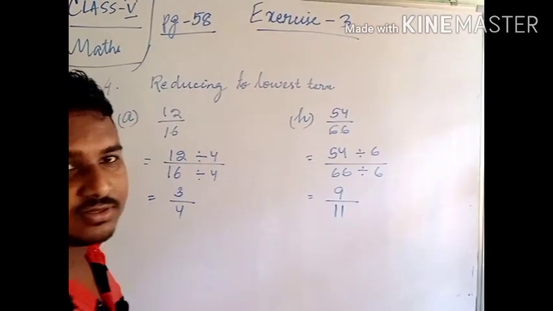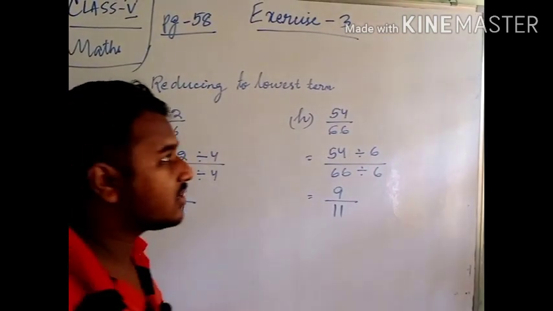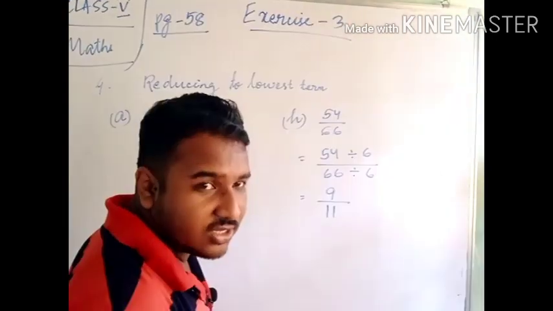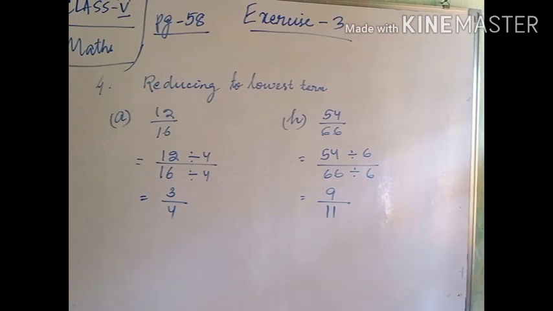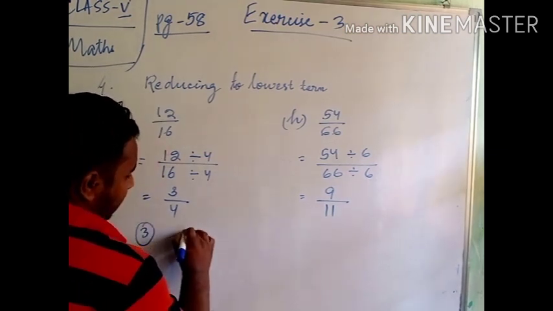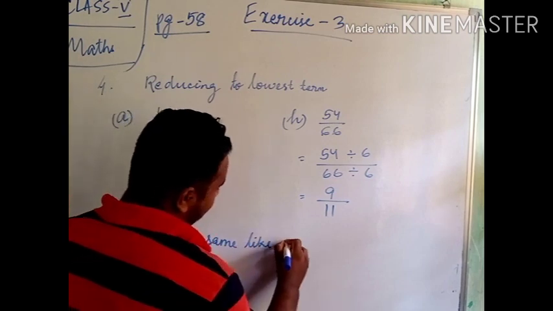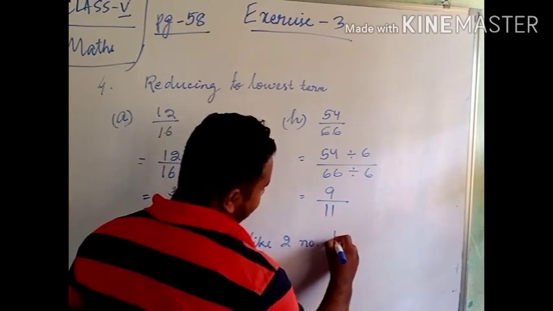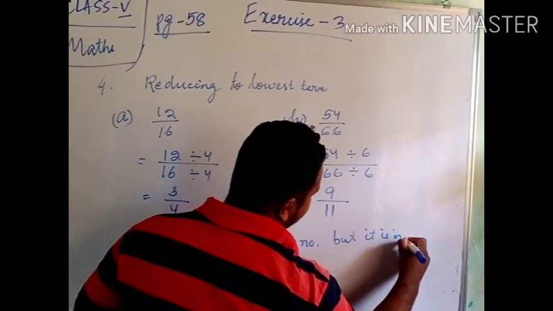Solved. Okay, so this is the completion of your exercise 3. If you didn't understand, then you can ask me. Again I am telling, 3 number is the same as 2 number, but it is in descending order.